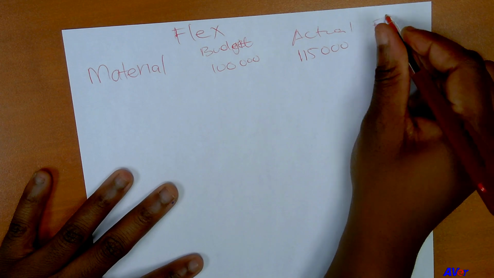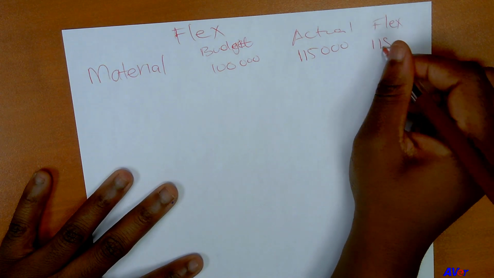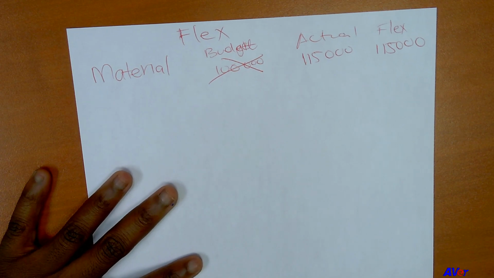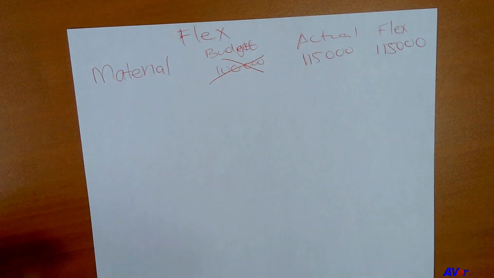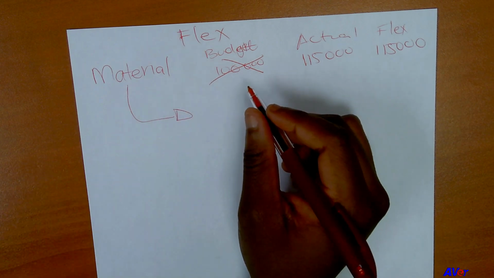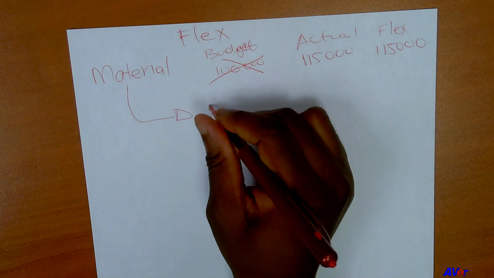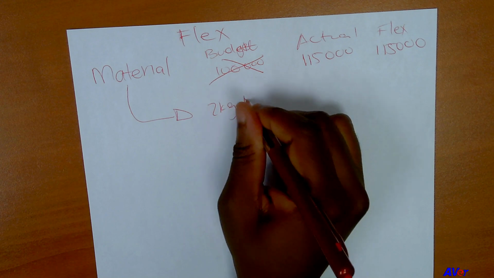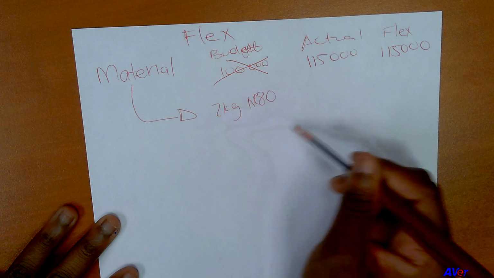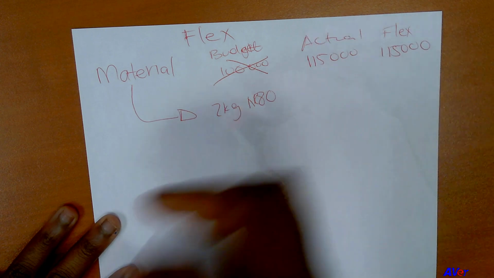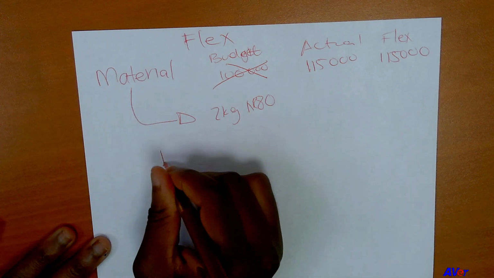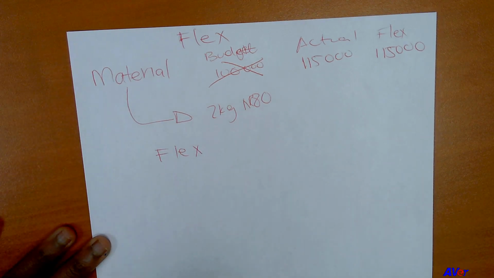And then when we're flexing, we will use 115. So we scrap the 100 because we're saying, no, that doesn't apply anymore. So how our new budget will look, we will use the budgeted assumptions. The budgeted assumption, you need to just remember, it was 2 kgs and also 80 rand per kg. So we want to use these budgeted assumptions based on actual to create a new budget, which is called a flex budget. So how then will my flex budget look?